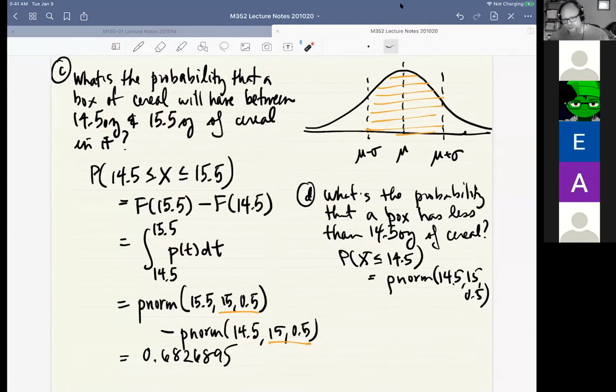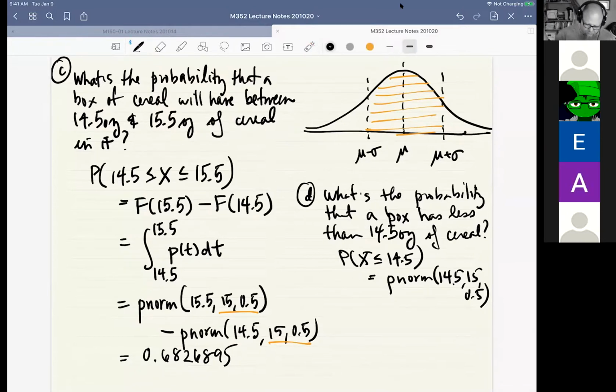But I want to point to some geometry to you, because this is an intuition that we need to develop this semester as we start investigating statistics. Look at the graph at the top of the page where I have that orange region. That orange region represents the area between the mean minus sigma and the mean plus sigma.